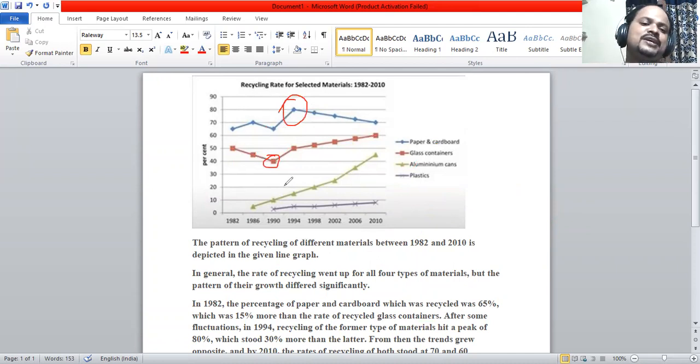All these things we can use. So change vocabulary is recommended in case of this type of line graph.